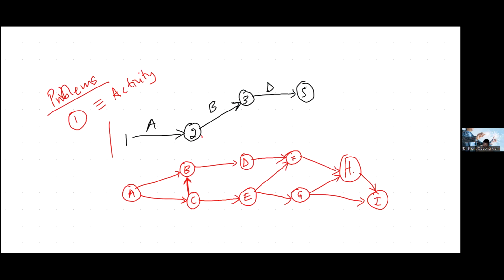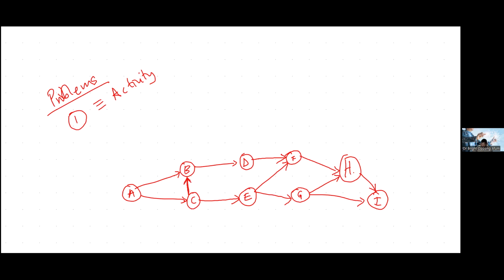So when you try to code this using the node, you realize that we'll have several challenges based on the precedences that we have, right? So in this typical example, the node is represented by an activity.